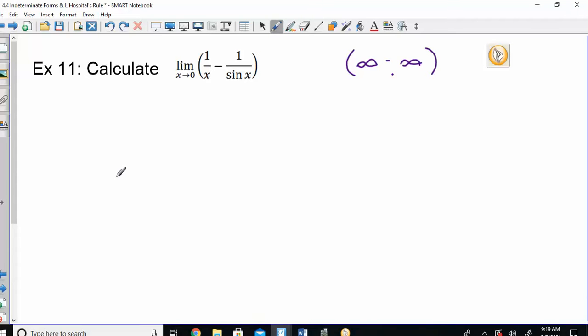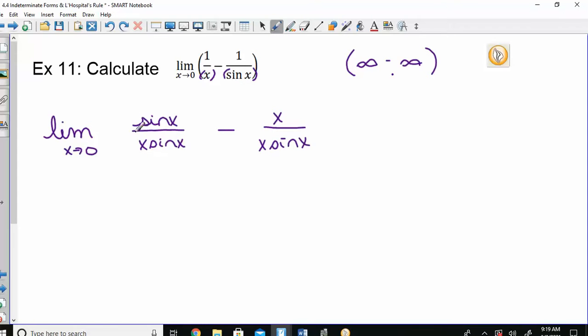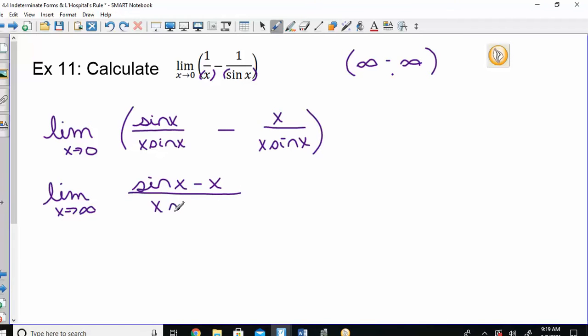Common denominator. Okay, so this denominator is x, so it needs to be multiplied by sine x. This one has the sine x, so it's got to be multiplied by x. We have sine x minus x over x sine x.